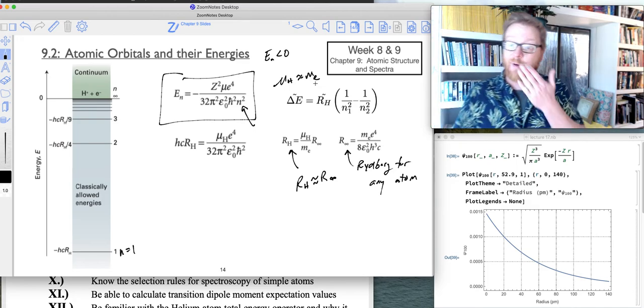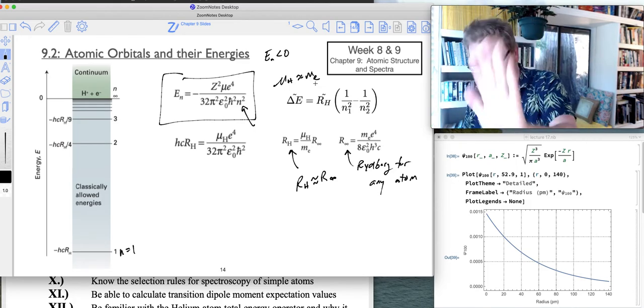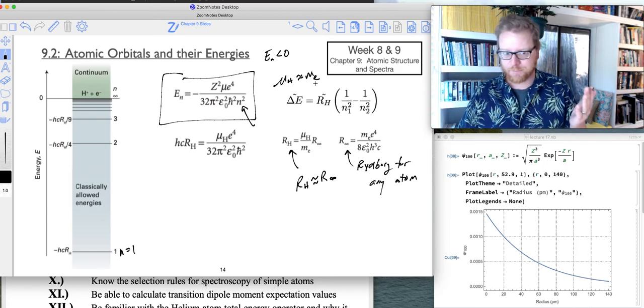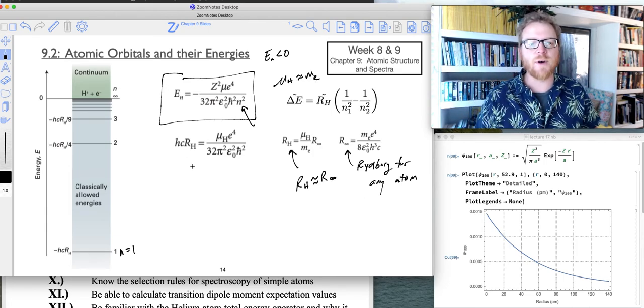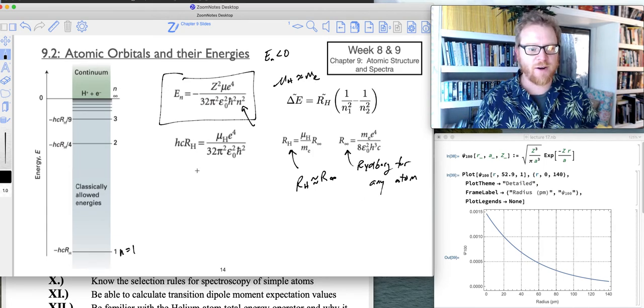Our reduced mass of hydrogen is Me times MP divided by Me plus MP. And so now what we have right here is RH in terms of joules, and if I multiply it by hc, then I'm going to get my solution in wave number.